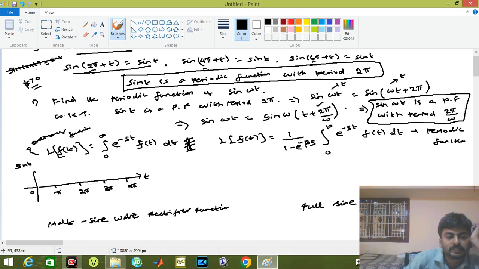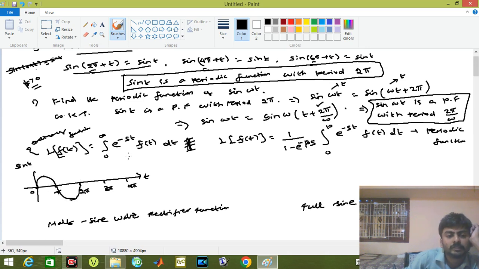See, sine 0 is 0, sine pi by 2 is 1, sine pi is 0, sine 3 pi by 2 is minus 1. So our wave will travel like this, and again it will reach sine 2 pi, where it becomes 0.